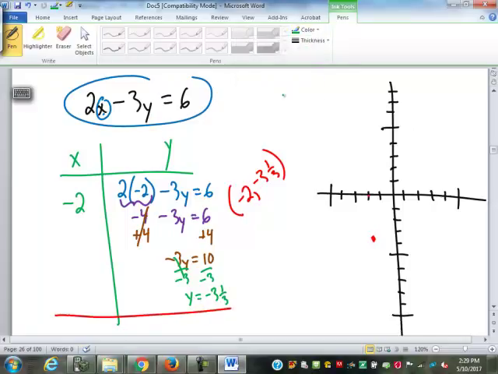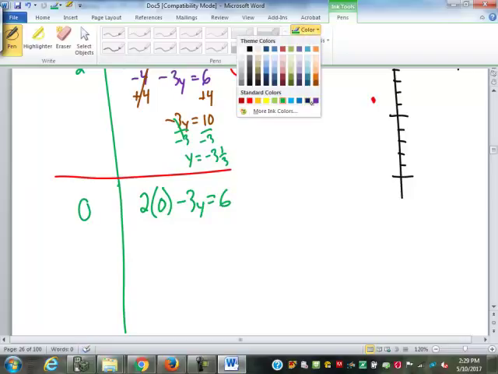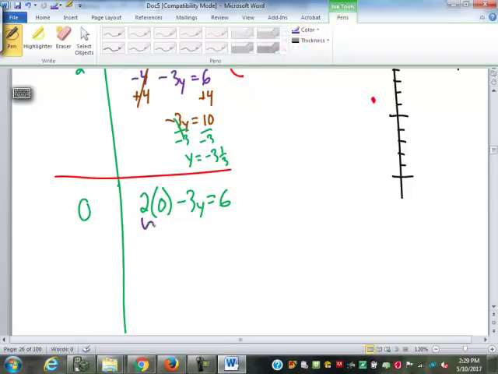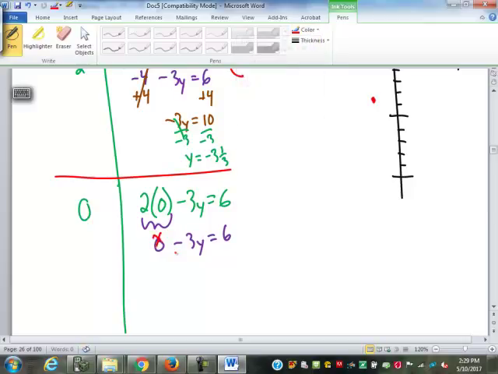So we keep going. I said x is 0 was my next point I wanted to use. If x is 0, then 2x is going to become 2 times 0 minus 3y equals 6. Well, 2 times 0 is simply 0. 0 minus 3y equals 6. Well, that 0 doesn't do anything. I can ignore it.